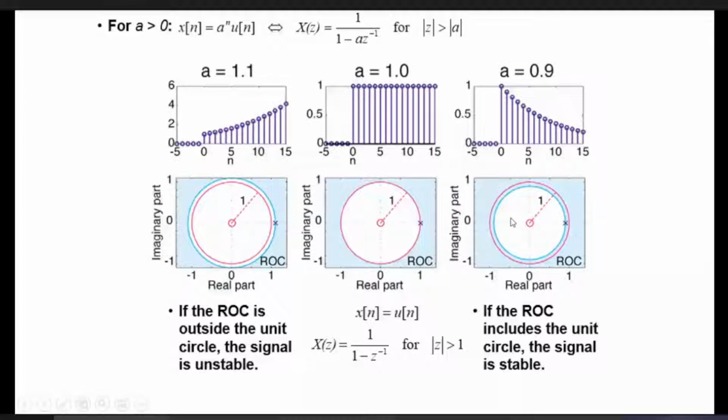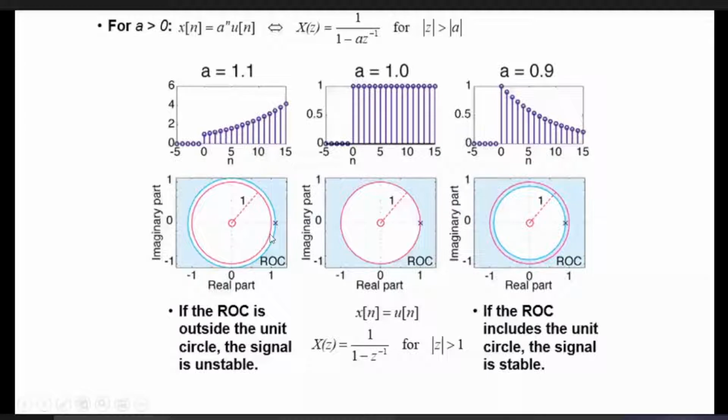The second one is not fully stable, marginally stable. And this system is totally not stable, because the ROC is outside the circle of radius 1.1 and does not include the unit circle.